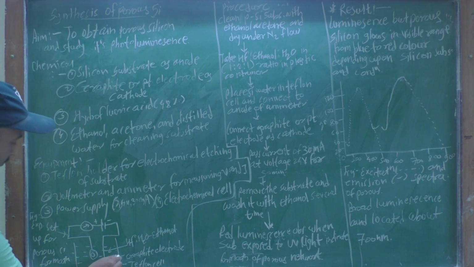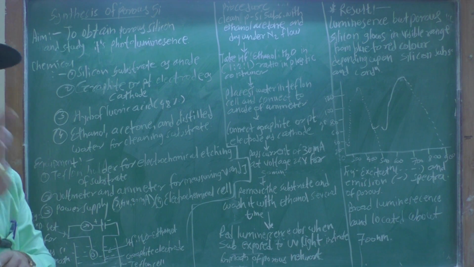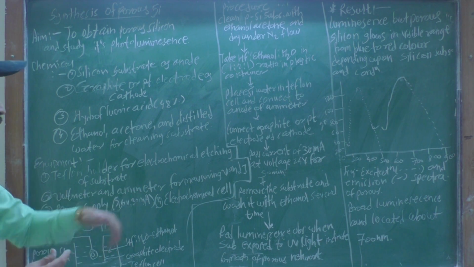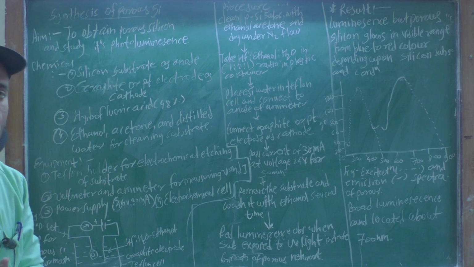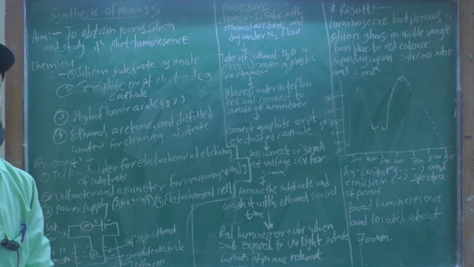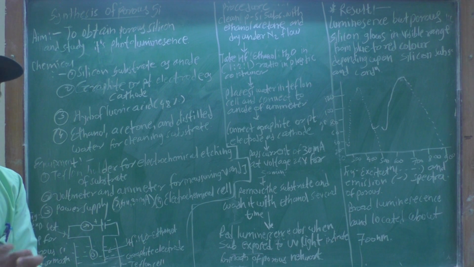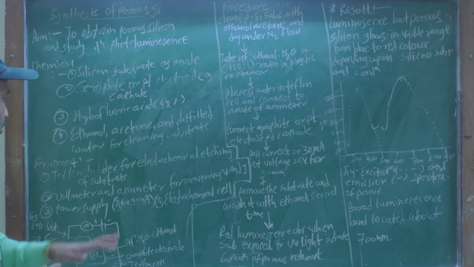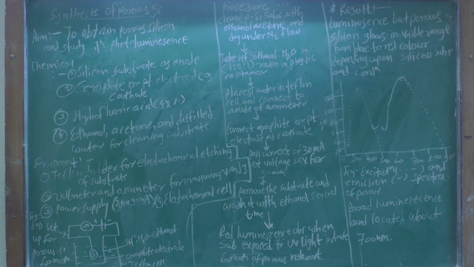This side part is the Teflon holder, and it is useful for the electrochemical etching of the substrate, meaning the substrate undergoes electrochemical etching. So you use the Teflon holder in the synthesis of porous silicon.